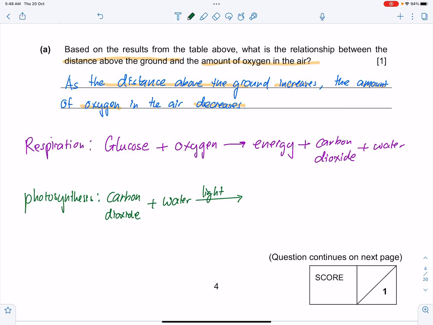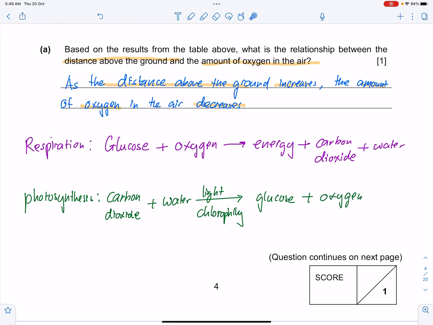Now be careful nowadays, because there is a lot of artificial lighting, it's not necessary that you would use the sunlight. So I would rather you write light and not sunlight, together with chlorophyll, and that would yield glucose together with oxygen.